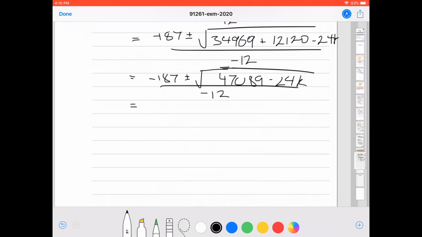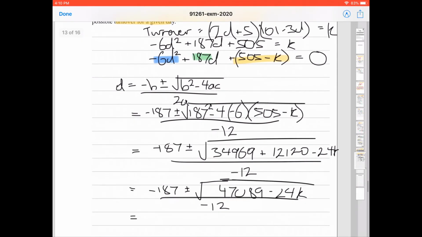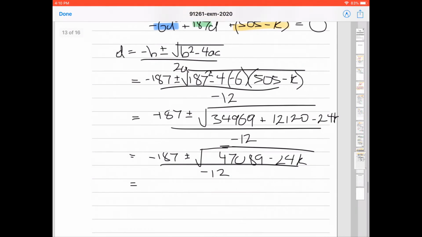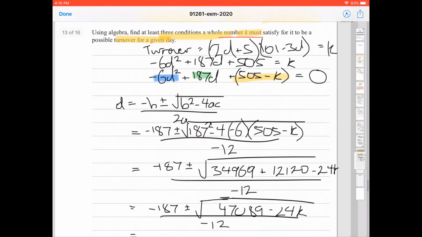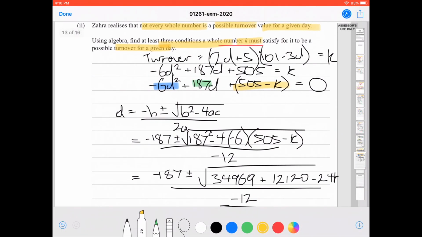And so what to do here, at this point we have to think about the context of the question. We are looking for three conditions, the question says, that a whole number k must satisfy for it to be a possible turnover for a given day.